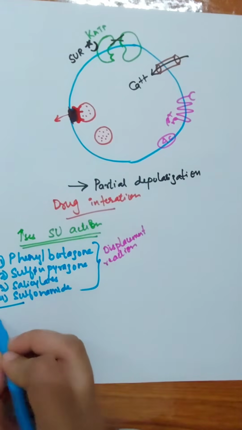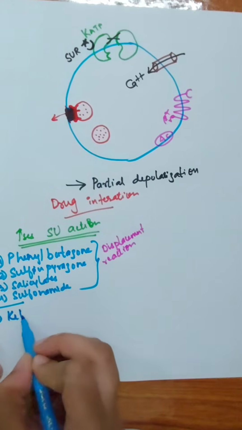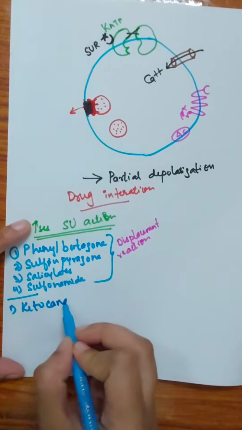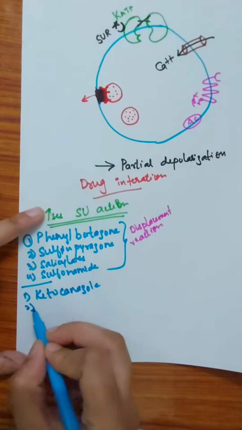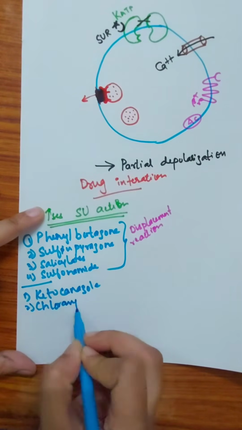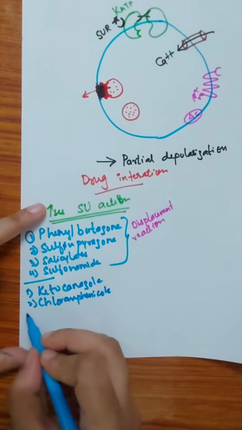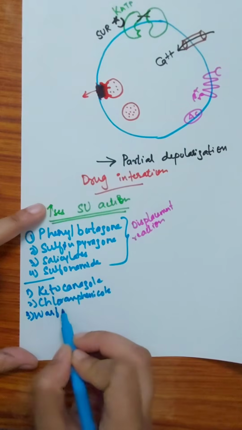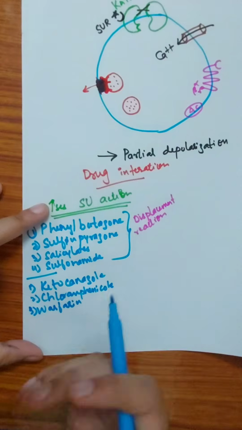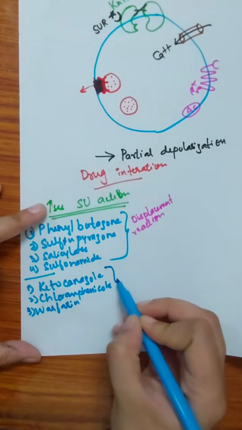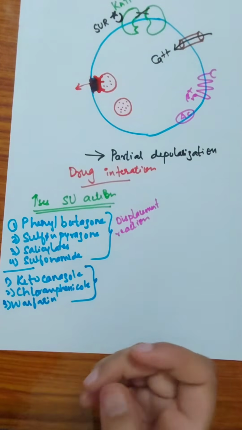Next we have another set of drugs such as ketoconazole, chloramphenicol, and warfarin, very important, warfarin, and sometimes alcohol intake. So what will these things do? Yes, they will inhibit the metabolism or they may inhibit the excretion.